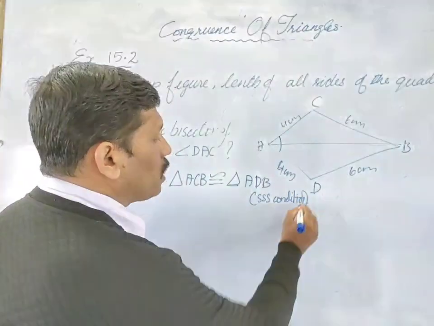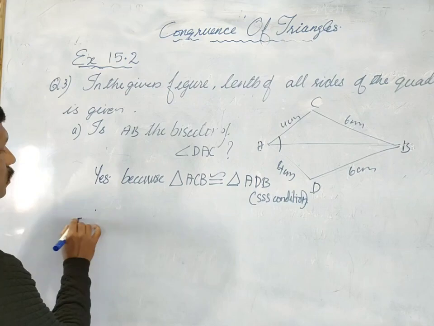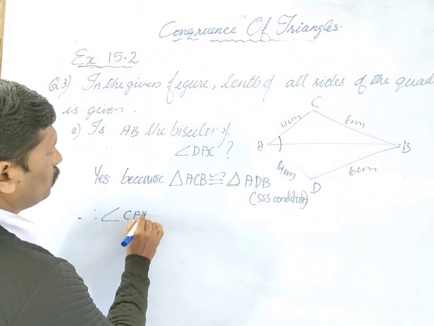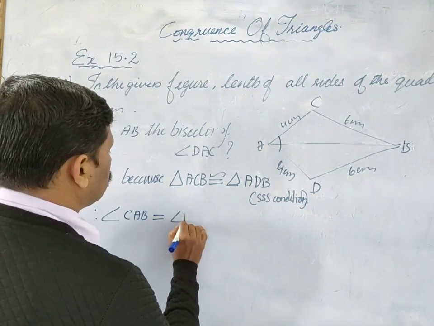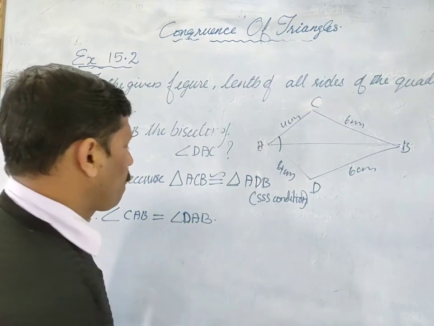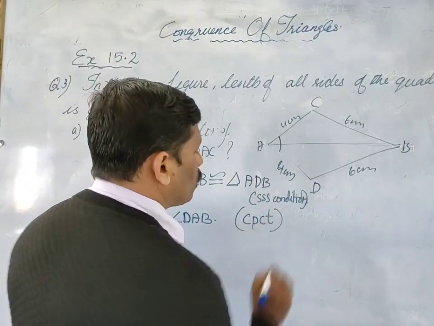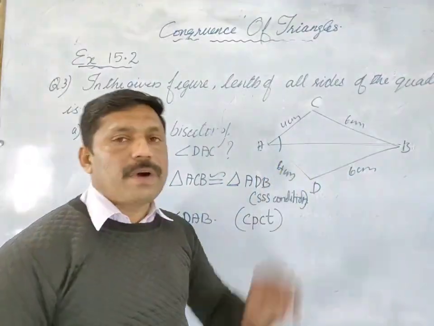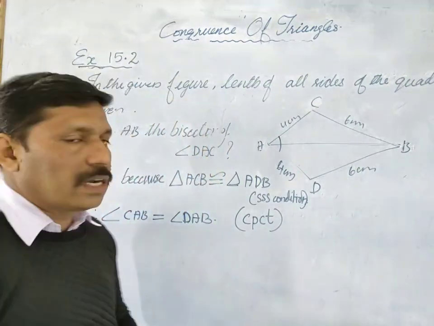And if these two triangles are congruent, their corresponding angles are equal. Therefore, we can say that angle CAB is equal to angle DAB. That means congruent parts of congruent triangles are equal. These two angles are the corresponding parts of congruent triangles. Therefore, these two angles are equal.